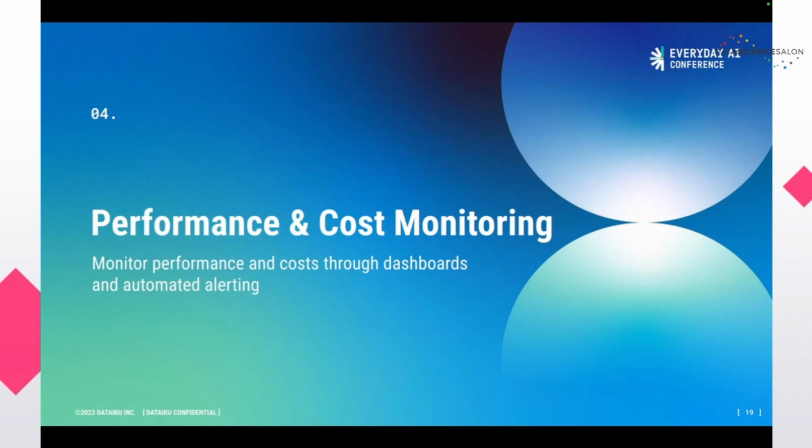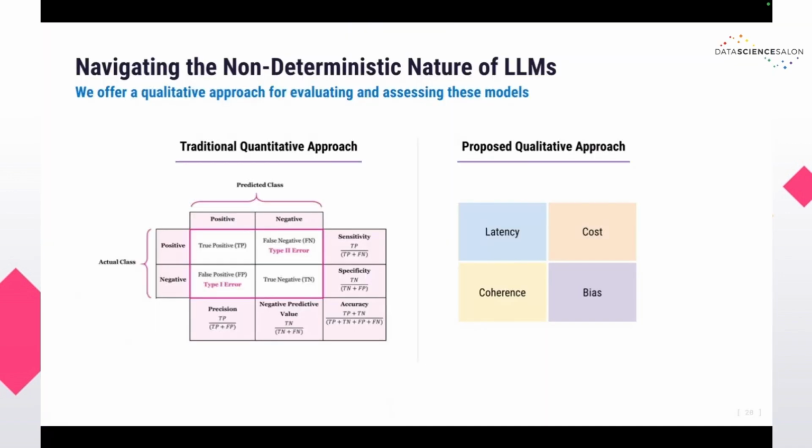The last aspect that we're going to talk about is doing performance and cost monitoring. And this is important because we want to make sure that using a large language model, or our investment in using generative AI, gives us a return on that investment. The reason why doing performance monitoring on large language models is so difficult is because LLMs are non-deterministic in nature.